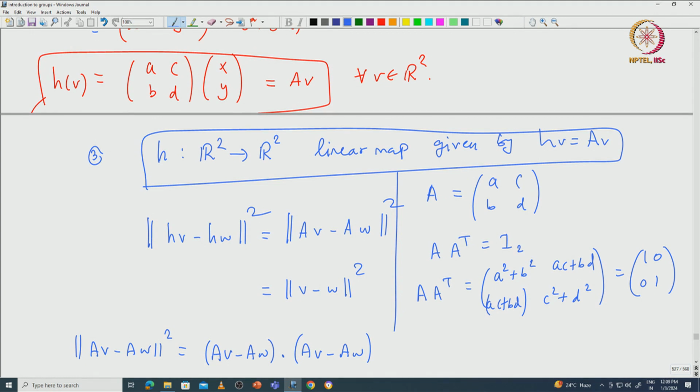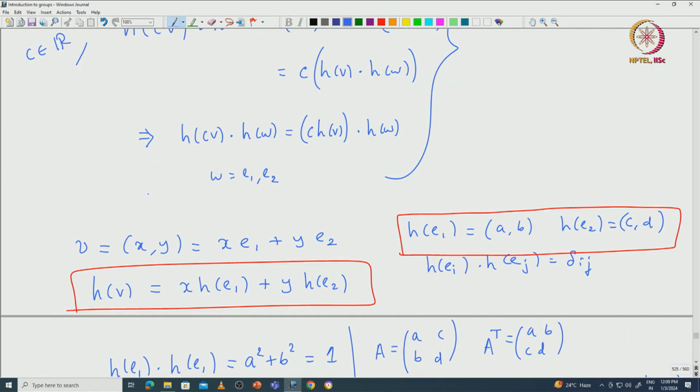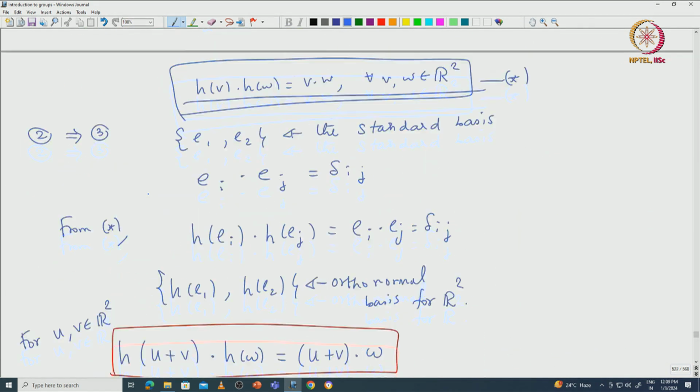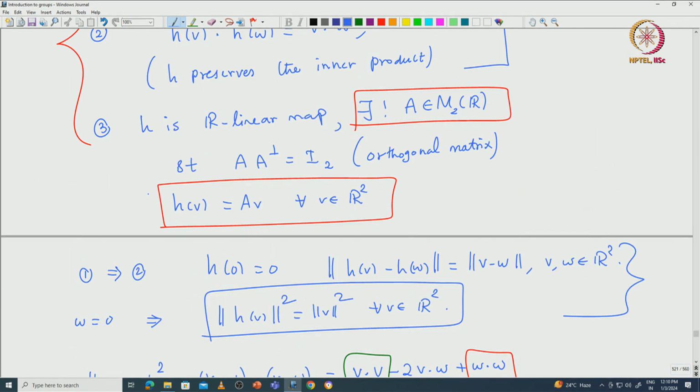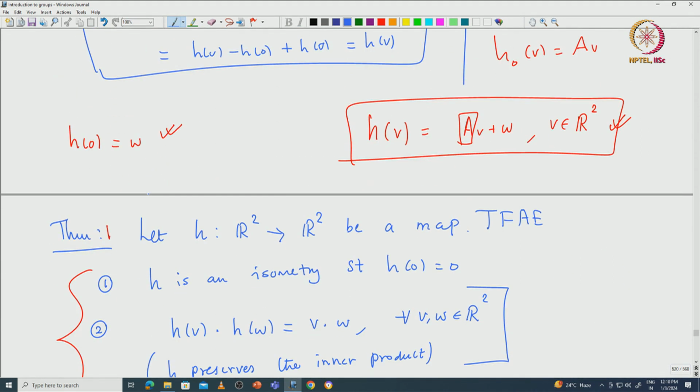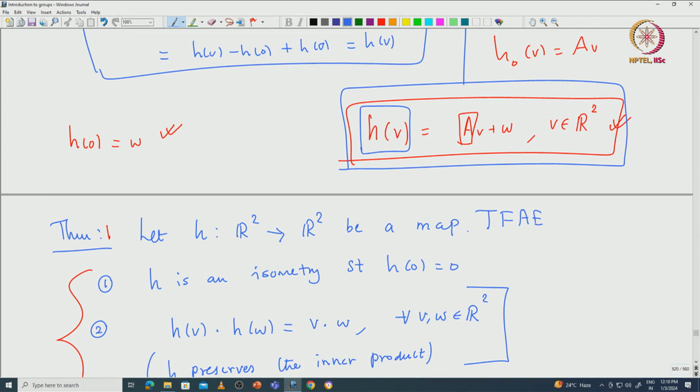Now using this, as we did in the earlier proof, any given isometric map is given by a composition of a translation and an isometry that fixes the origin. In particular, there exists an orthogonal matrix capital A such that H of V is given by AV plus W for some fixed W, where W is given by H of 0. So, this is the very general version of a given isometry.